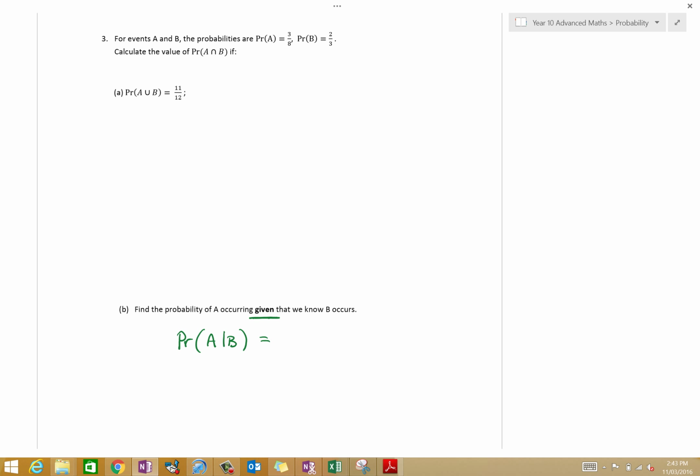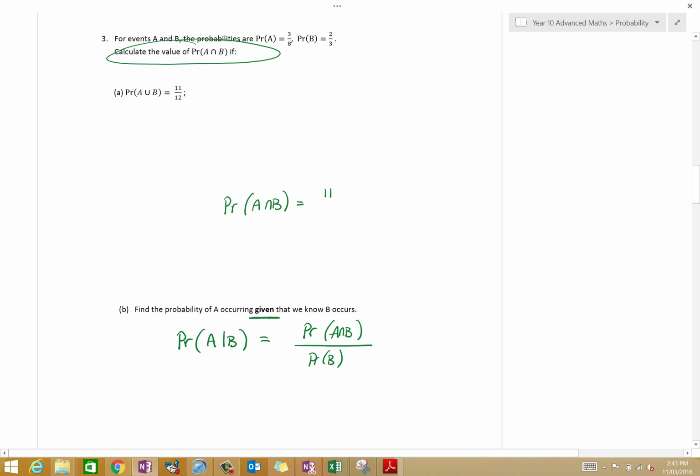Well, the formula is the probability of A intersection B over the probability of what? B. Probability of B. Now, we found the value of A intersection B, and we've already done that using the addition rule last week, so I'm just going to tell you that the probability of A intersection B using the addition rule was 11 over 24.